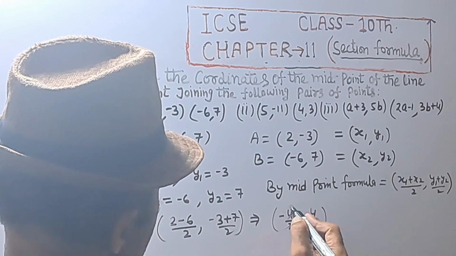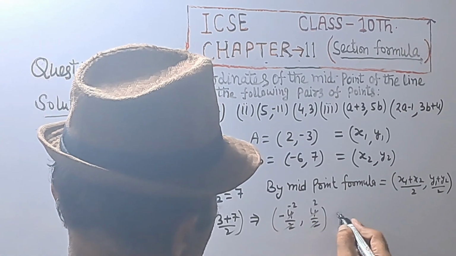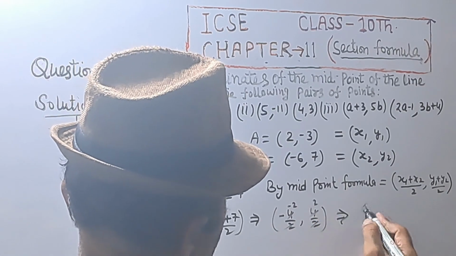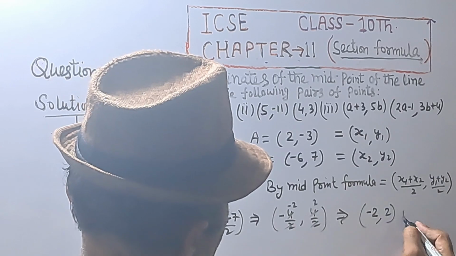This cancels, -2, this cancels, +2, which implies we get -2, 2. Answer.